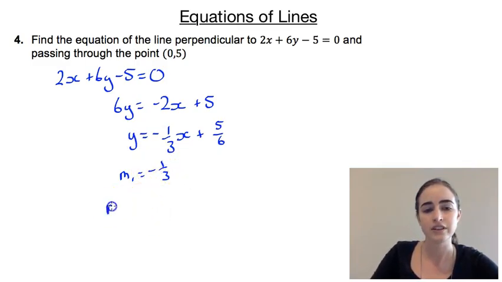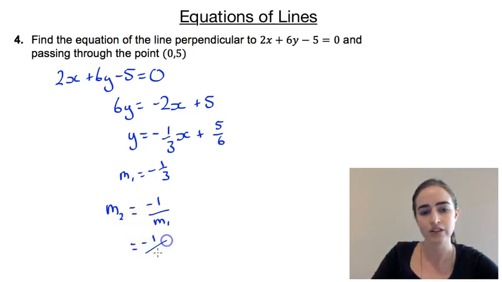So we know that the relationship between those is that the second gradient has to be equal to minus 1 over the first gradient. So we're going to have minus 1 over minus 1/3, and that would just come out to give us 3. So the gradient of the line that we're looking for is 3.